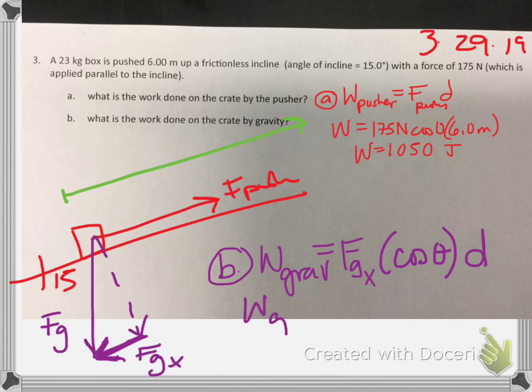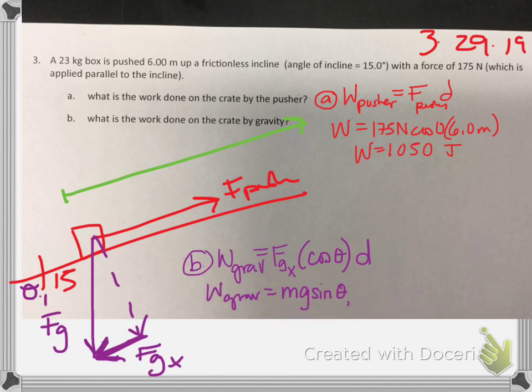So in this case, well, that would be mg sine 15. So I'll call that sine theta, or that's theta 1, sine theta 1. I'm going to shrink this a little bit. Times cosine of 180 degrees times the distance which this object is pushed.